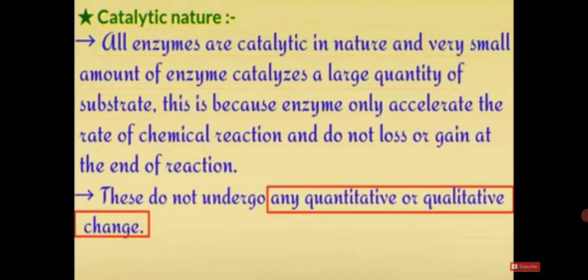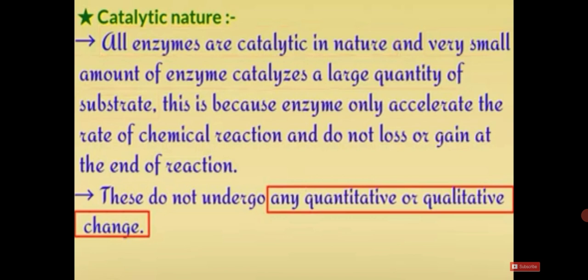First of all, we will see what the catalytic nature of the enzymes is. According to the definition, enzymes are biological catalysts which speed up the chemical reaction within the living body without getting consumed and without being altered. And we will see the meaning of this definition one by one in terms of the properties of enzymes.